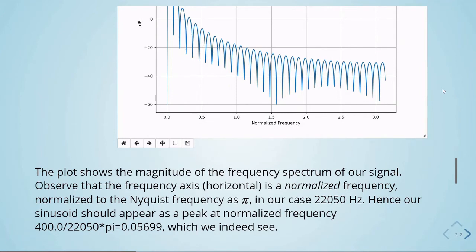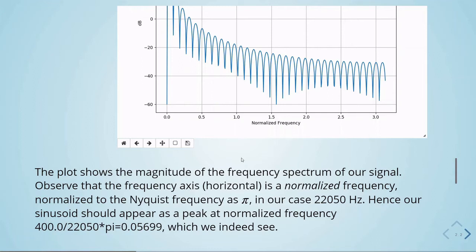So this plot shows the magnitude of the frequency spectrum of our signal, and we can observe that this is normalized frequency. In this case, the Nyquist frequency is equal to pi, so it goes until 3.14, and it means that in this case it is 22,050 Hertz, so it's half of the sampling frequency.